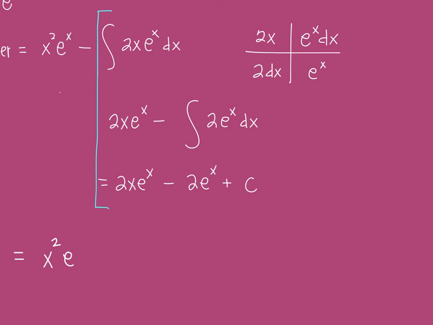So x squared e to the x, distribute the negative, so minus 2x e to the x, distribute the negative again, plus 2 e to the x, and then plus c. And that is my final answer. Again, if I wanted to check my work on that, the derivative of that, I should end up with what I started.